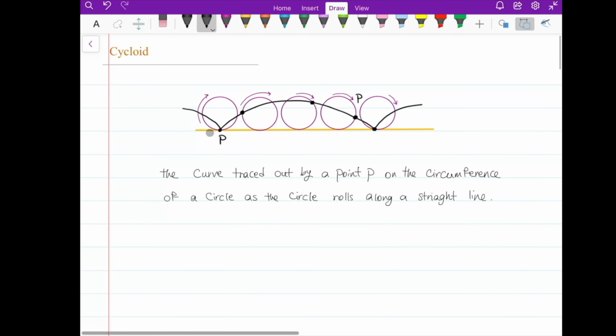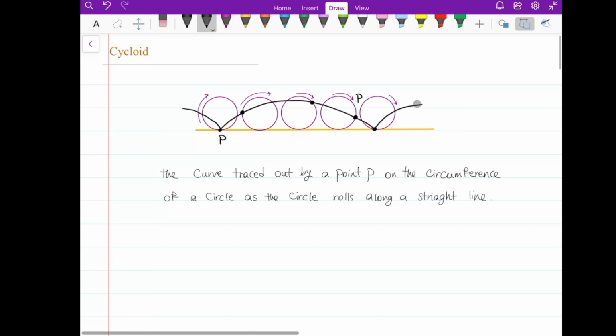Assume that we have this circle and a point P, and we start rolling the circle on this straight line. As the circle moves, the point P is going to trace this curve. The black curve here is called the cycloid.